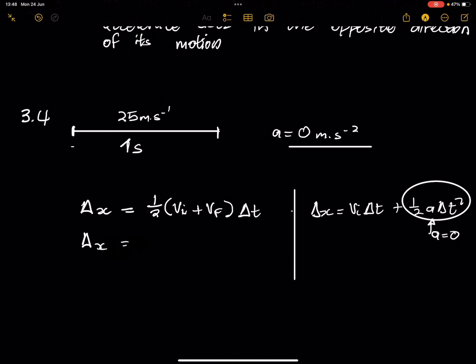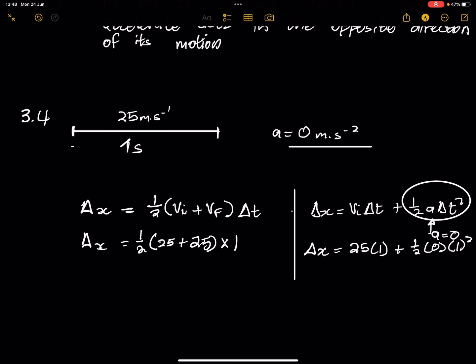Now, let's substitute. Our initial velocity and final are both 25. And the time is 1 second. Or if you wanted to use this equation, you could have said initial is 25 times 1 plus half times 0 times 1 squared.